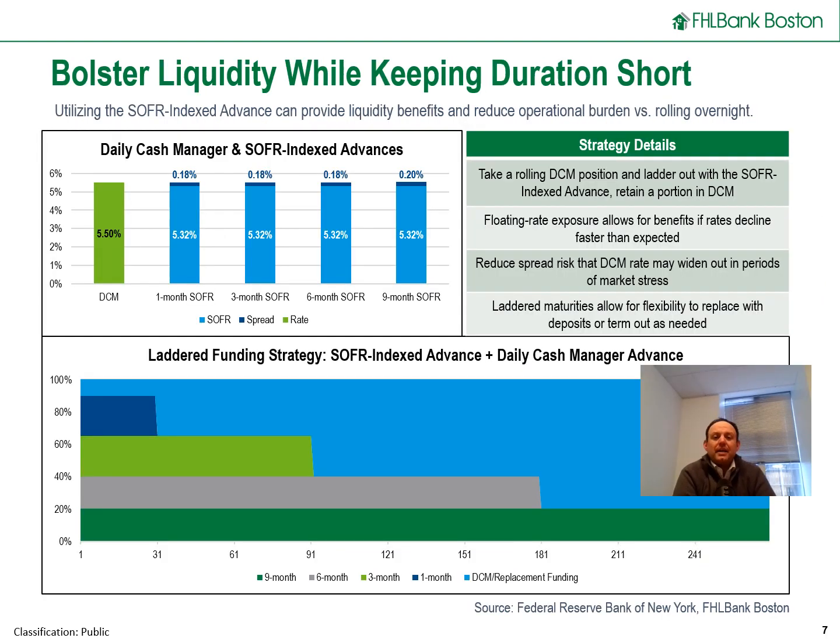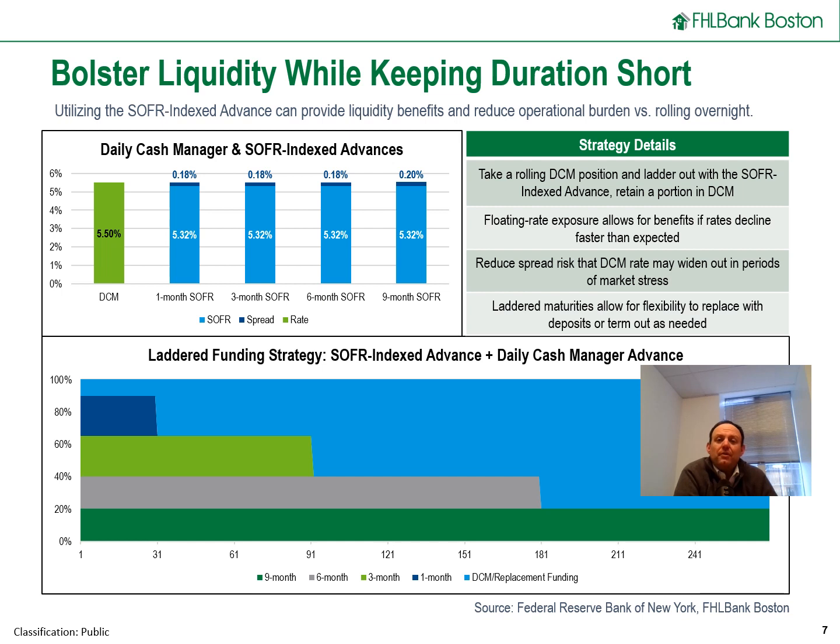Now let's look at a second example where we want a little more flexibility, if rates go back up, but also if they do accelerate to the downside here. So a popular strategy for many members is to utilize our daily cash manager advance, our overnight advance that provides great flexibility late in the day to get overnight borrowings to manage very short-term liquidity needs.